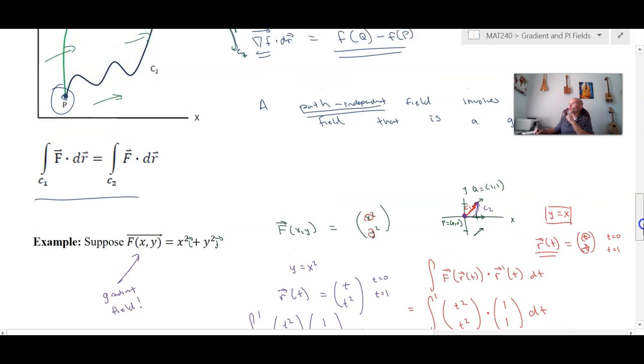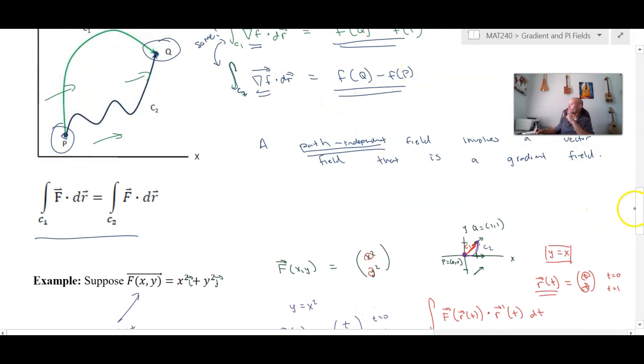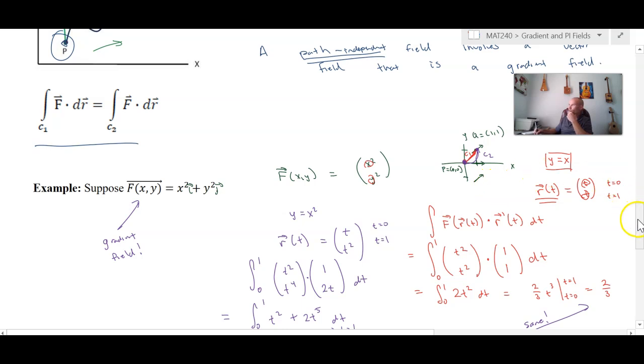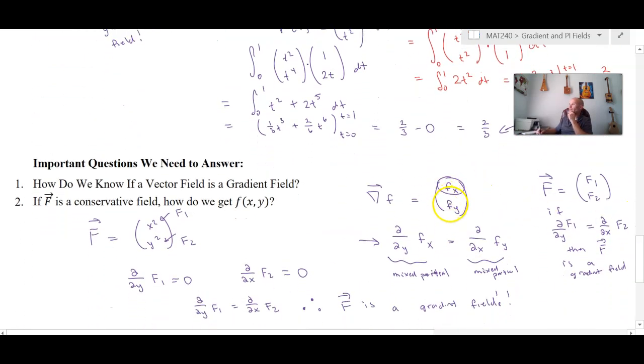This means that since our gradient vector contains the derivative with respect to x and the derivative with respect to y, notice that this is the derivative with respect to x of f. So if that's the case, then what I should be able to do is to integrate this guy with respect to x, and I should be able to integrate f_y with respect to y, and I should get the same function, because they're derivatives of the same function just with respect to different variables.